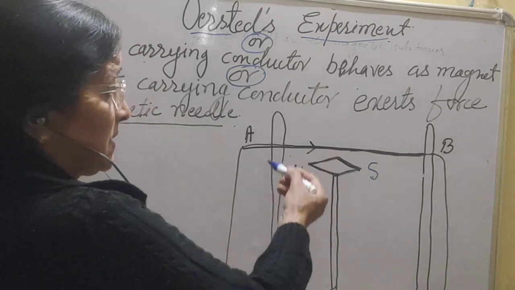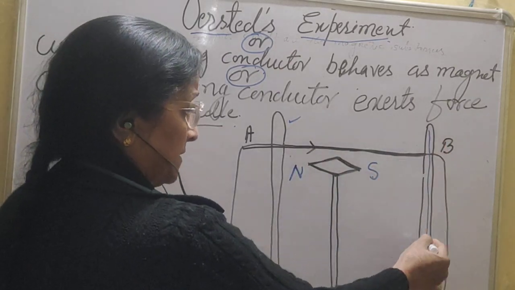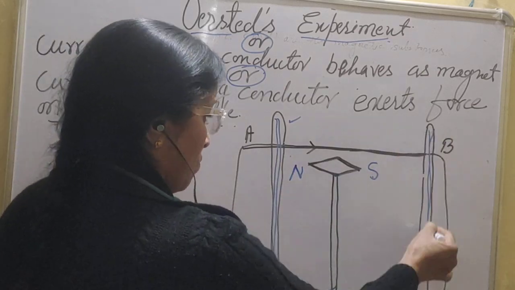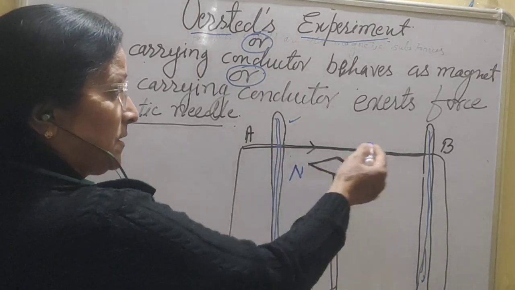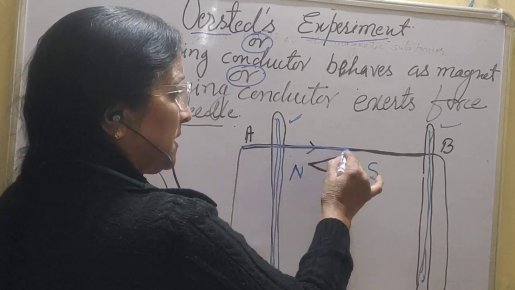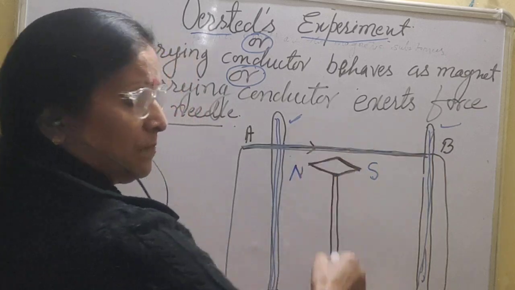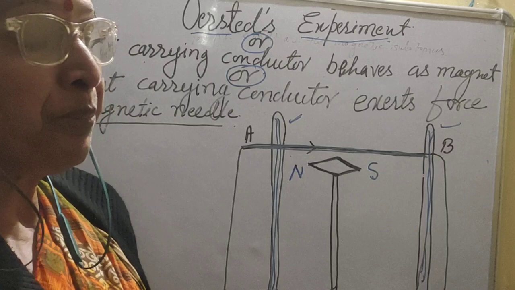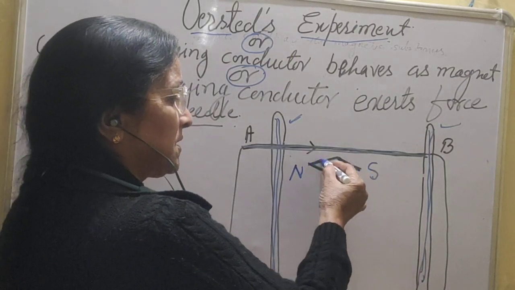So then let us start this one. We have two stands, A and B. I think the picture is clear. AB is a straight conductor stretched between the two stands, and the wire is stretched in such a way that it is parallel to this magnetic needle.